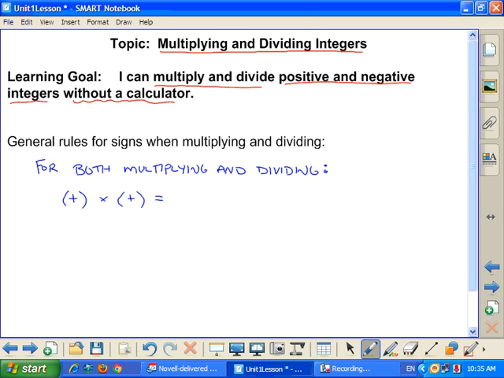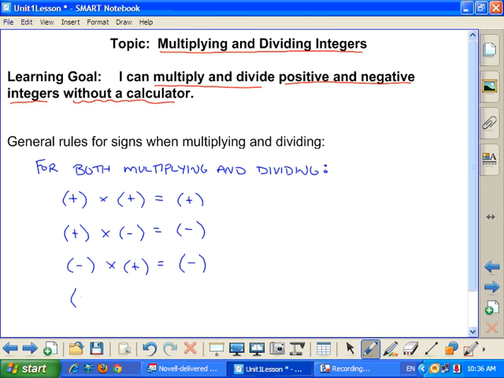So if you have two positives we multiply together, the result is a positive. If you have a positive multiplying a negative, the resulting number will be a negative. If you have a negative multiplying a positive, the answer is negative.